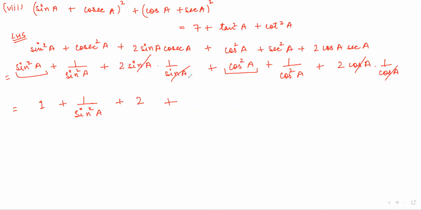Then plus this cos square A gone, so 1 upon cos square A and plus 2. Is this okay? Yes. Basically the numbers I'm adding together: 2 plus 2 plus 1, 5 I have got. Now plus 1 upon sin square A plus 1 upon cos square A.